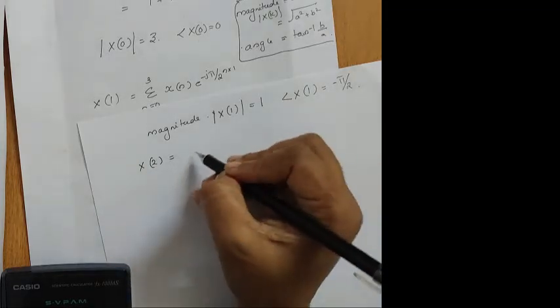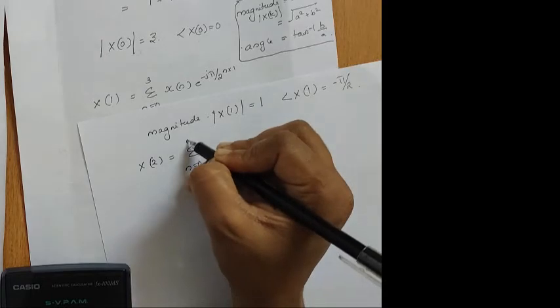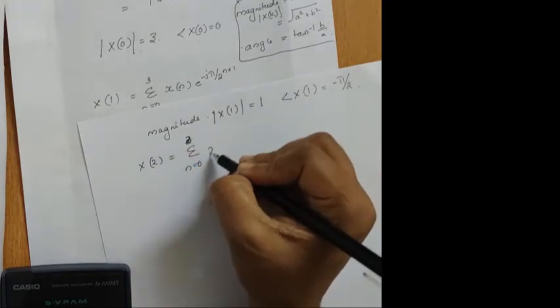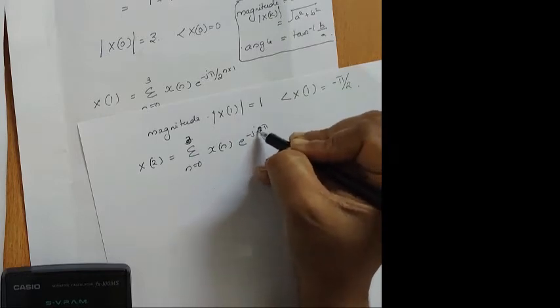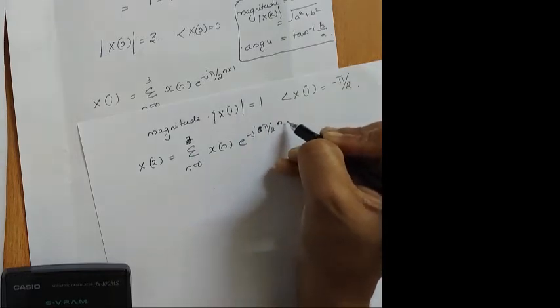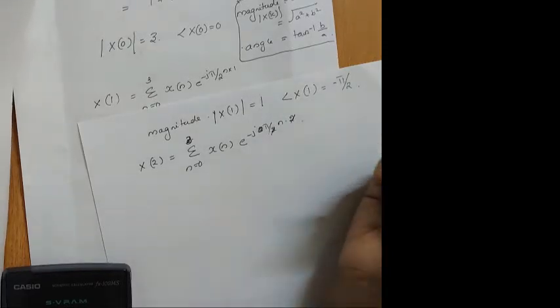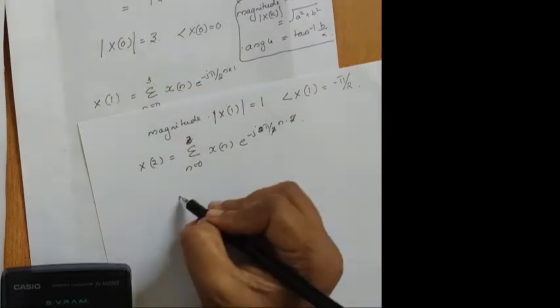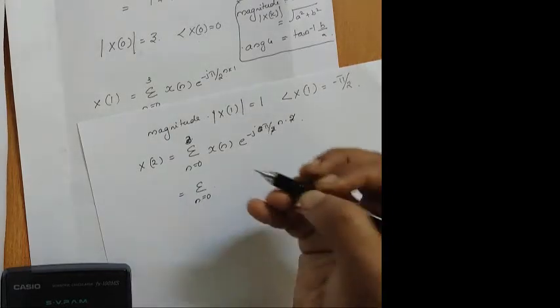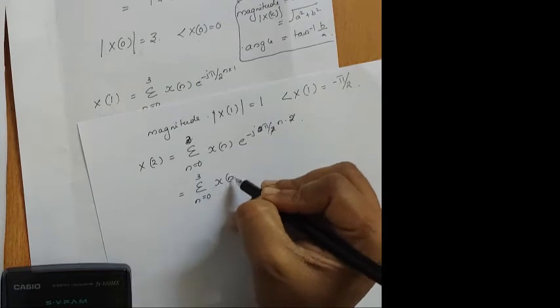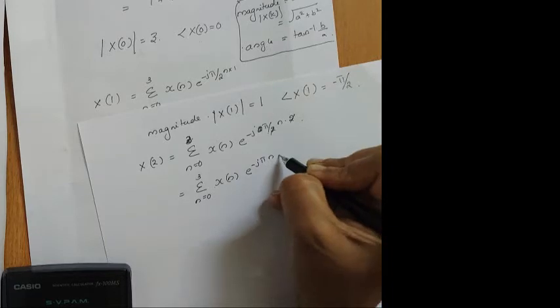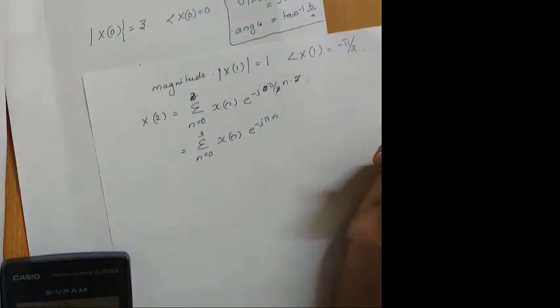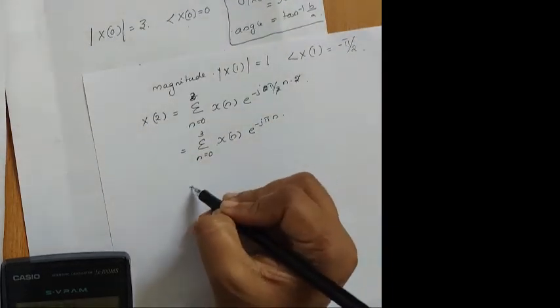So x of 2 is again summation n equal to 0 to 3 of x of n e raised to minus j 2 pi by 2 n, where k is 2. So 2 and 2 get cancelled. Here you are getting summation n equal to 0 to 3 of x of n e raised to minus j pi n. Now you have to find the value of each and every step.